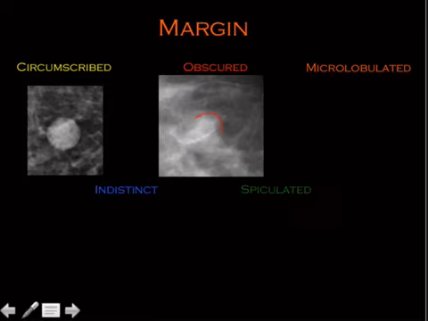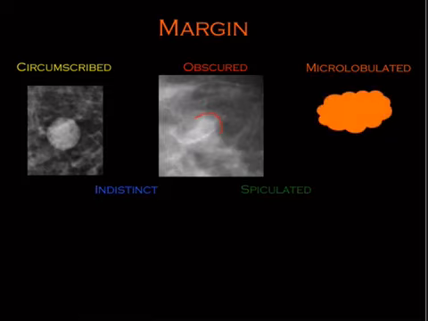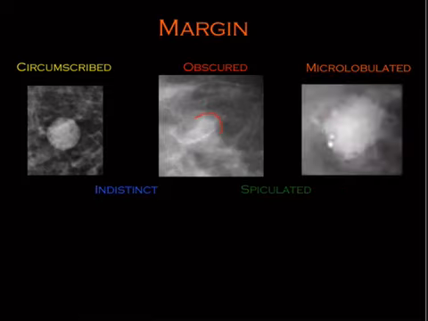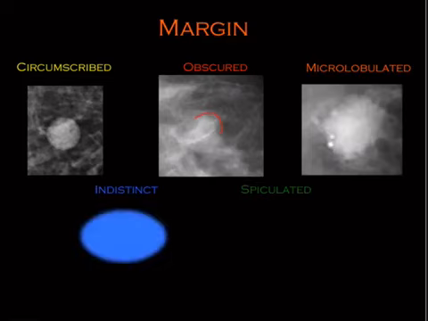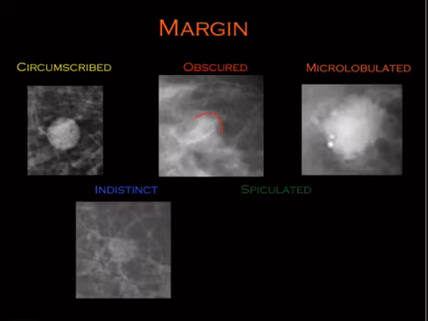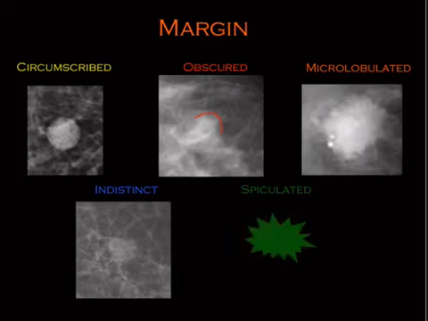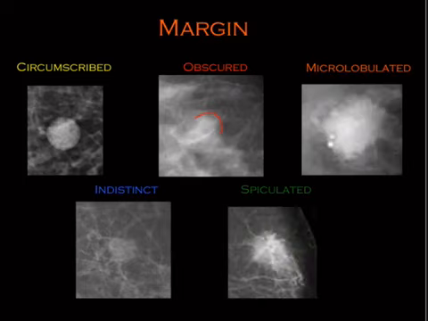I sort of lose it. That would be an obscured border. Microlobulated is what it sounds like. Indistinct is sort of a fuzzy edge. You may be able to trace around it, but you wouldn't be able to trace around it with a sharp pencil. You'd be more like tracing around it with a felt pen or something. And then spiculated is what you'd expect it to be also.